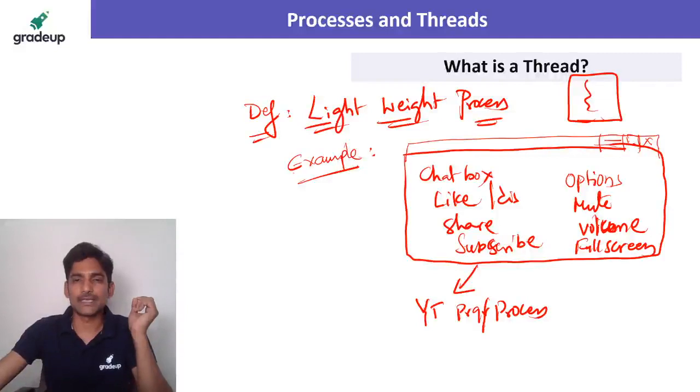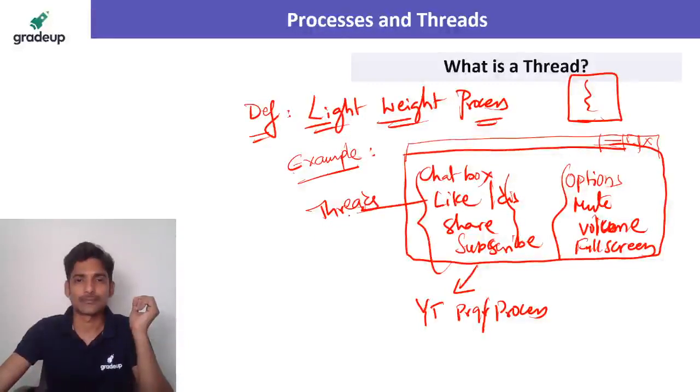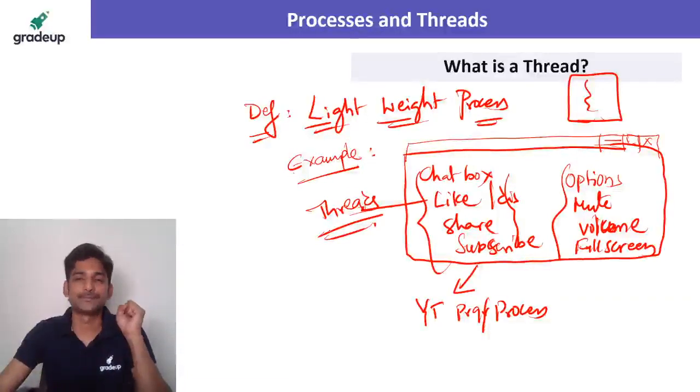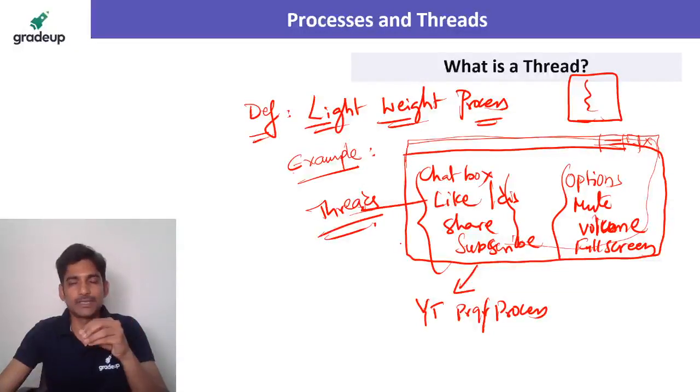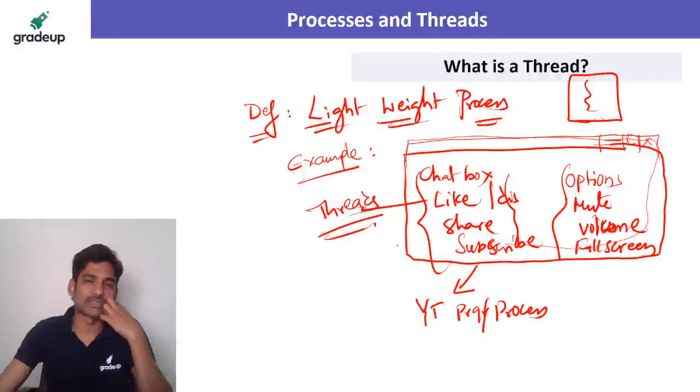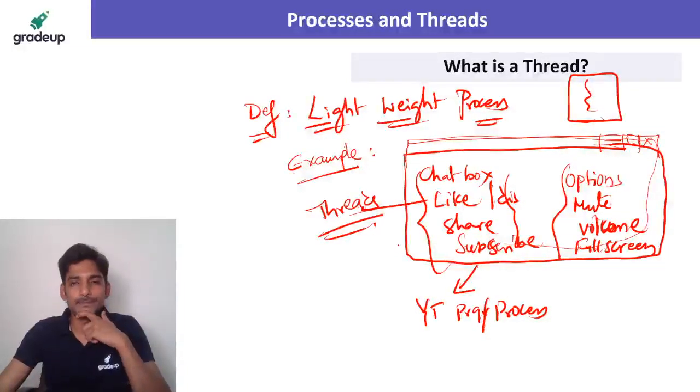So every independent entity you can call as a thread. All together, this process is formed. I hope this example gave a little more clarity for anybody who did not get the idea about thread, right?